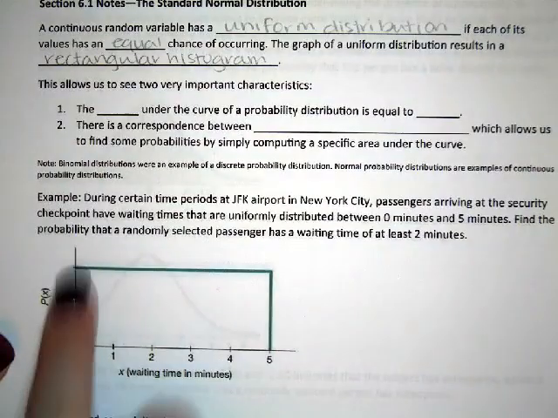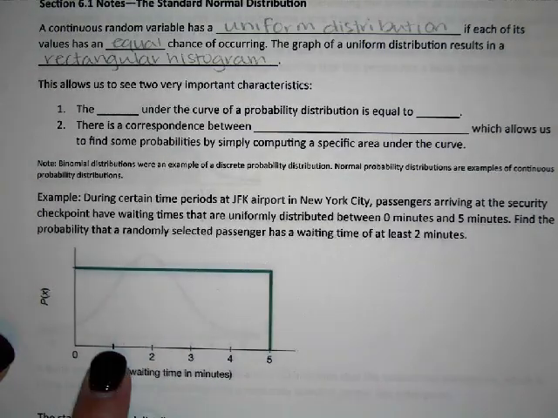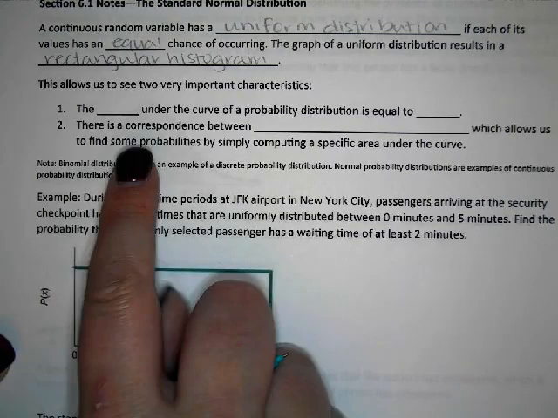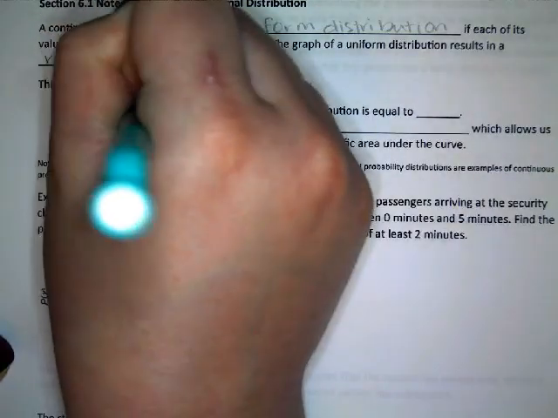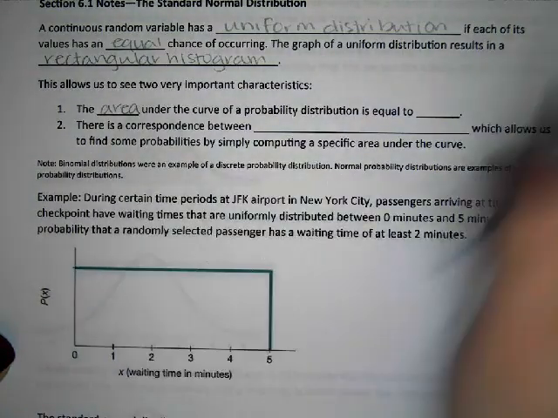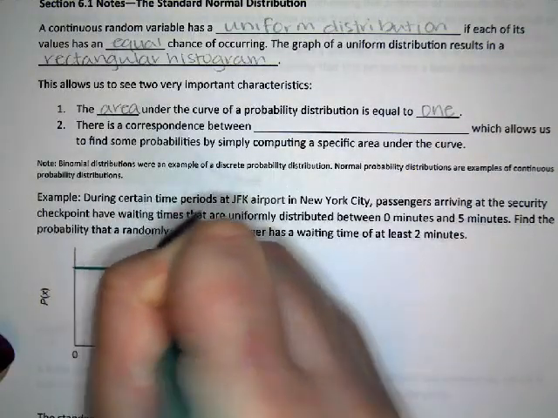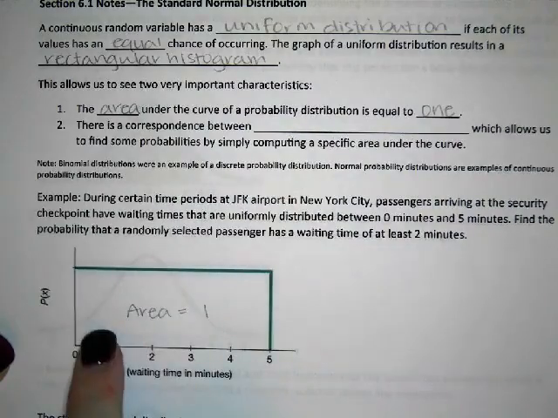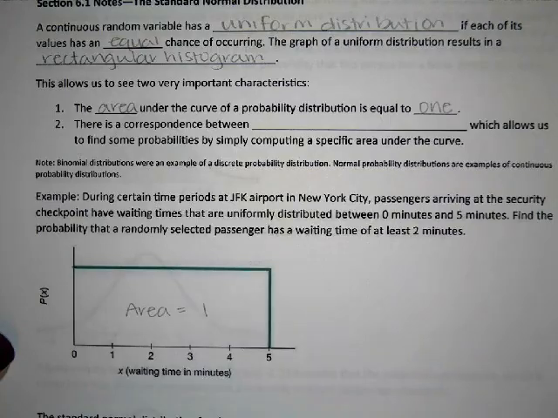And you can see a picture of this rectangular histogram down here. So this is a probability distribution in graph form. This allows us to see two very important characteristics. The first is that the area under the curve of a probability distribution is equal to 1. We're going to get to this specific problem in a minute, but when we talk about the probability of multiple different things happening, all of those probabilities summed together must be 1.